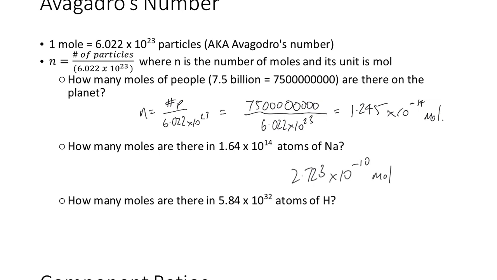And then finally, 5.84 times 10 to the 32 divided by Avogadro's number is a big number, 9.698 times 10 to the power of 8 moles. Make sure that you have a go at those and get the same value that I do.